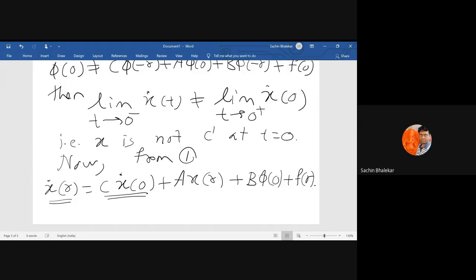Okay, means x is not C1 at t equal to r, and this continues. So in general we can conclude that this solution x is not C1 at t equal to 0 as well as t equal to r, 2r, 3r and so on. Moreover, we can have a similar result for negative values also, minus r, minus 2r, etc.